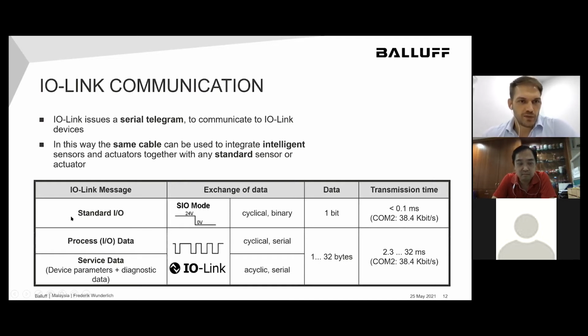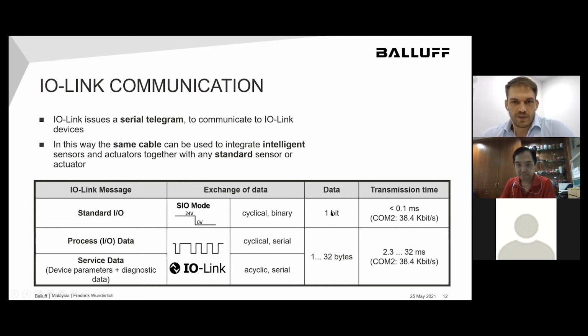On the first line, you can see standard IOs, inputs and outputs. As you know, standard input output is 24 volt, basically on or off, and it's basically 1-bit data, which comes in a cyclical time pattern, and the transmission time is quite easy.